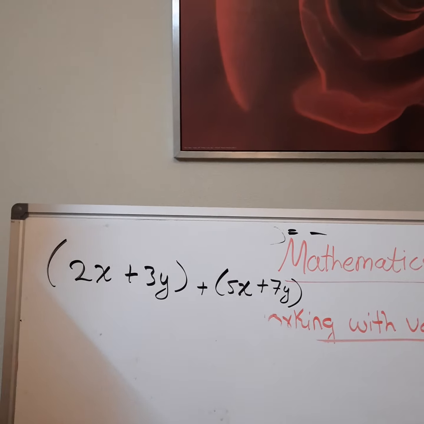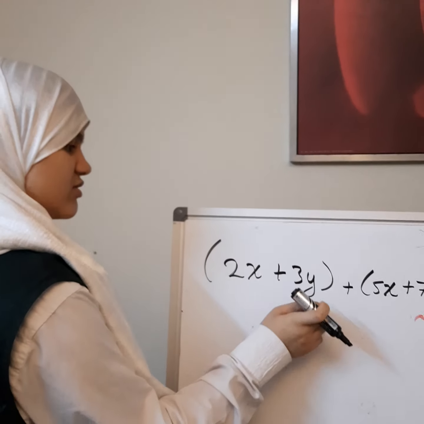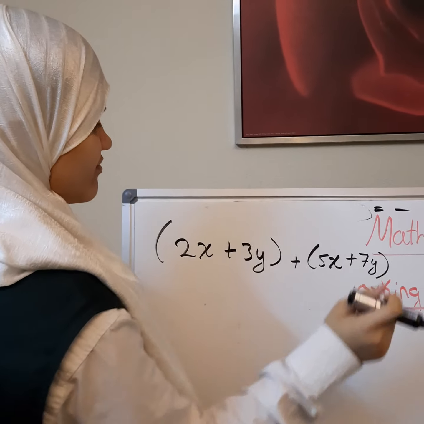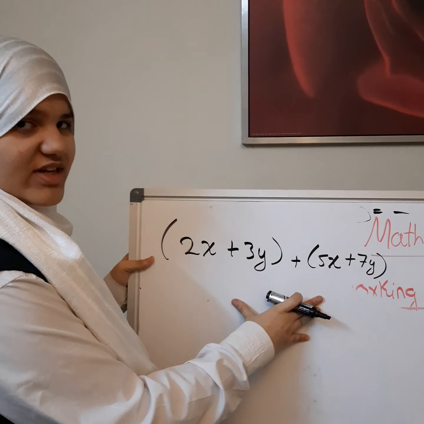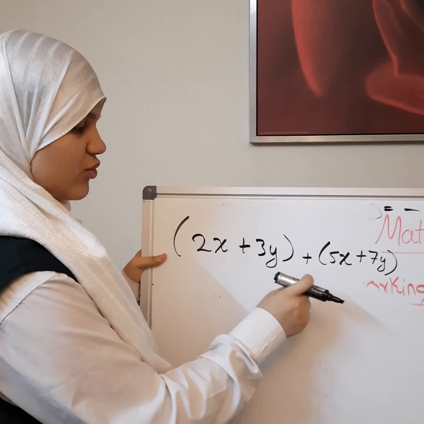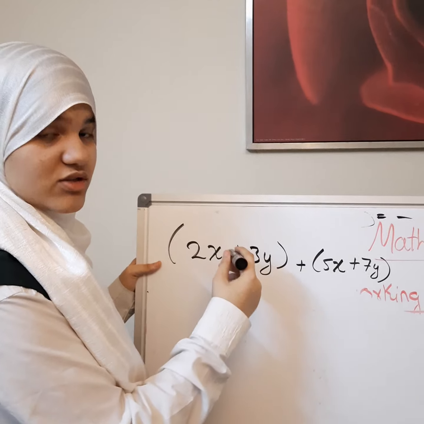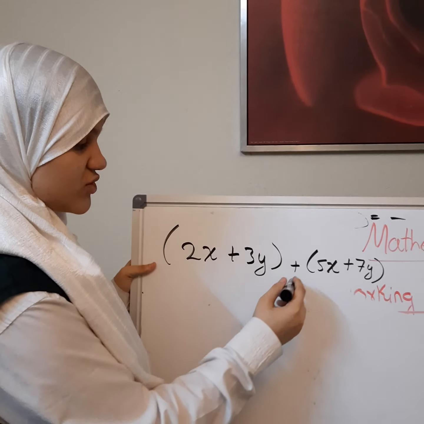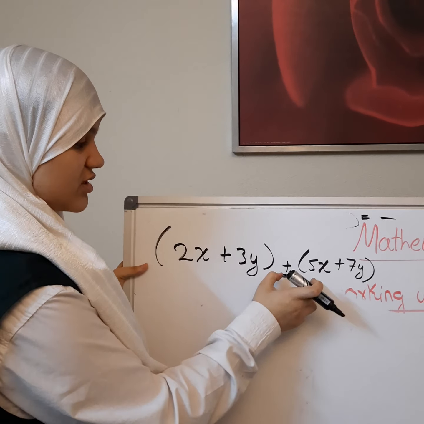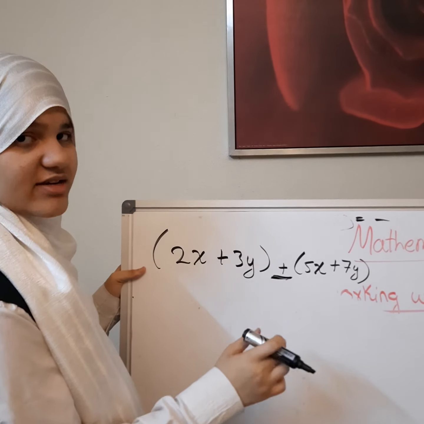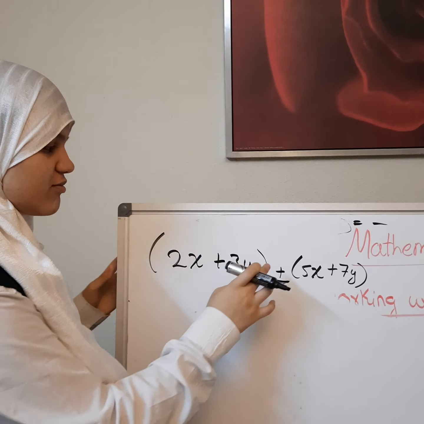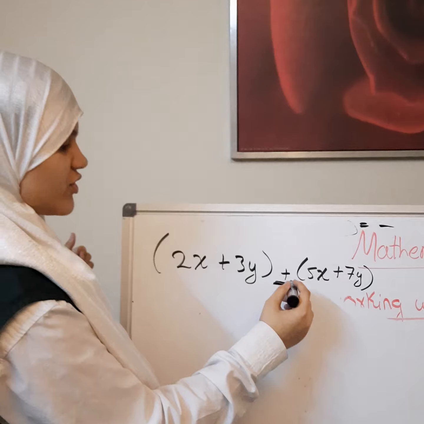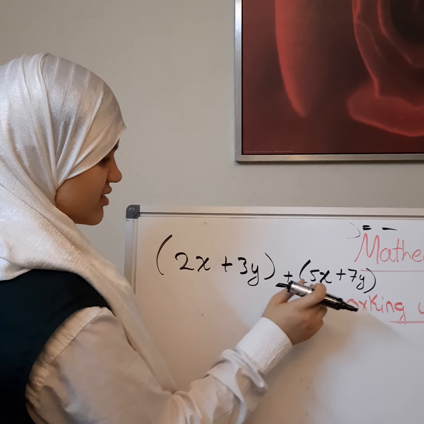Now we have two variables, x and y, in both brackets. Now how will we solve it? We can't treat it as a binomial squared or two times, because between the brackets we have a sign that is positive, or plus. That means we remove the brackets of the first one.